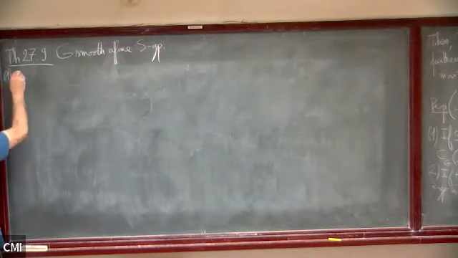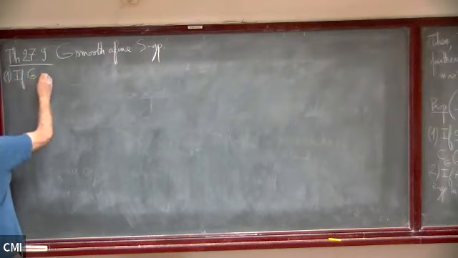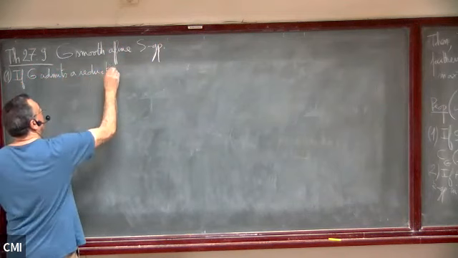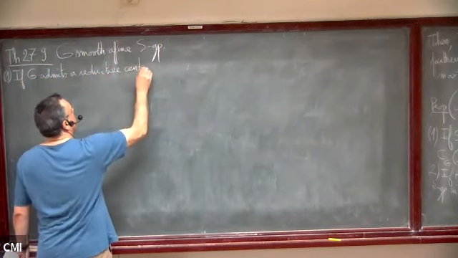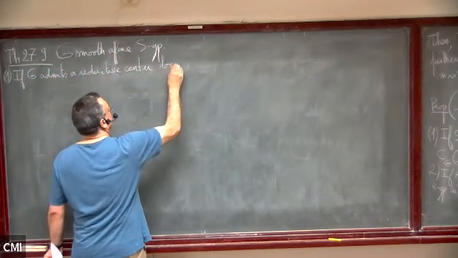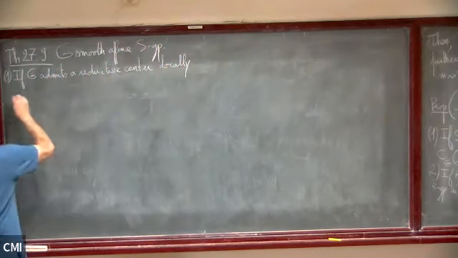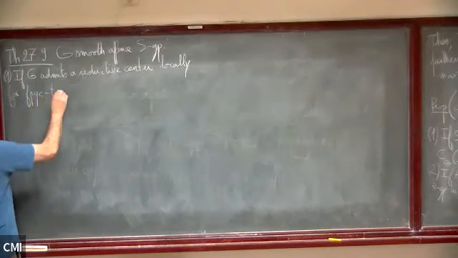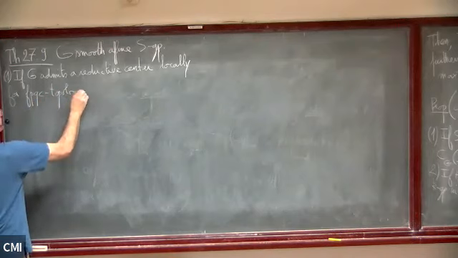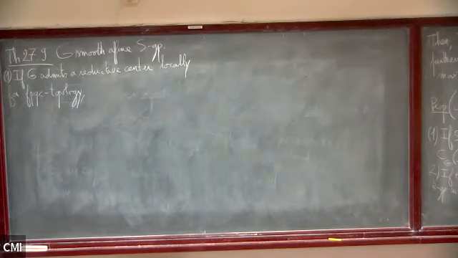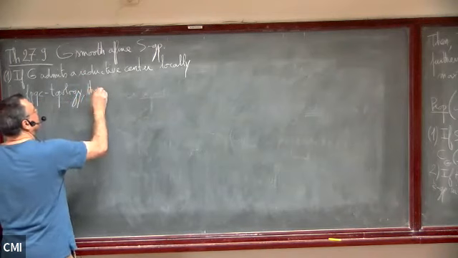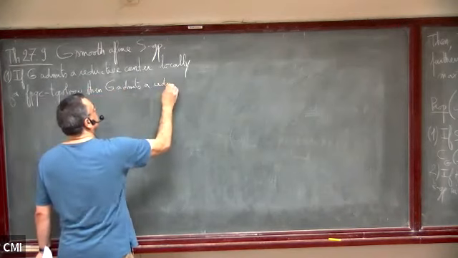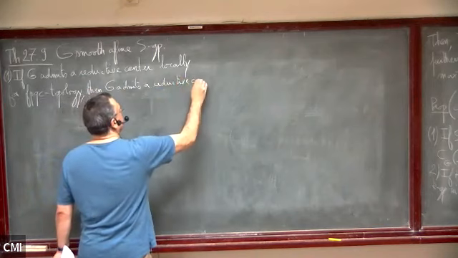So firstly, if G admits a reductive center locally for the FPQC topology, well, the proof will make clear what I mean by this, then G admits a reductive center.